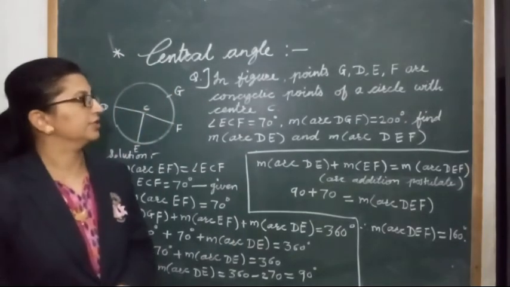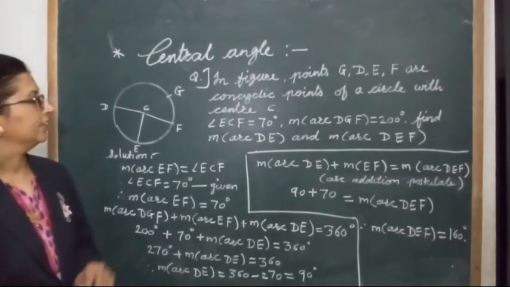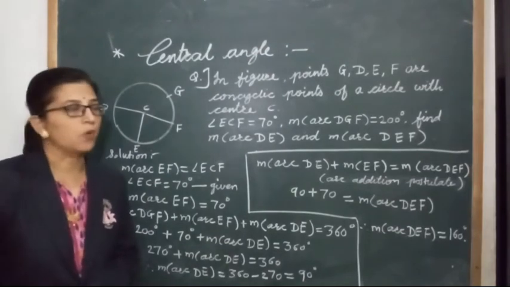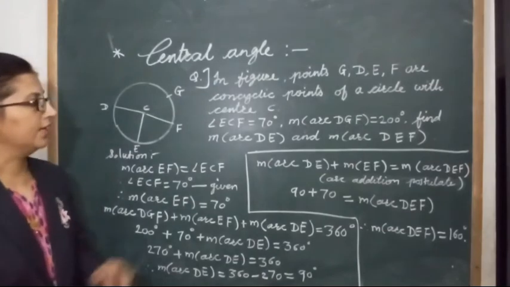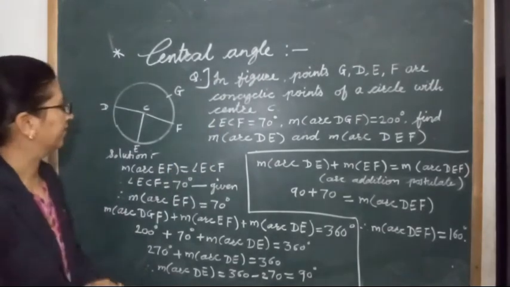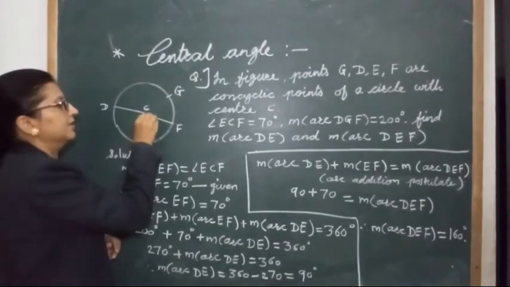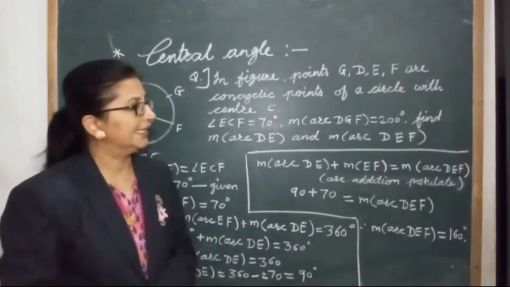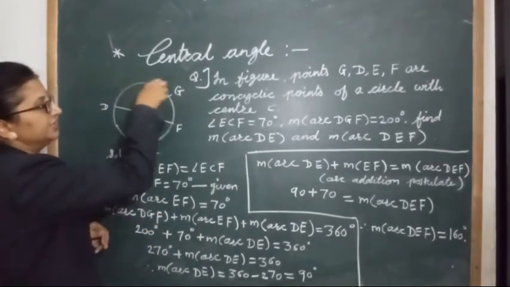So we have the question in a figure: points G, D, E, F are consecutive points of a circle with the center C. Then angle ECF is given as 70 degrees, and the measure of arc DGF is given as 200 degrees.